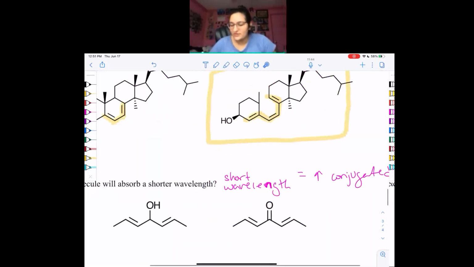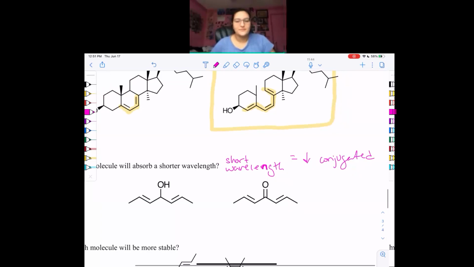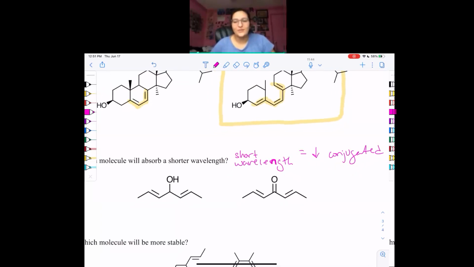No, I'm just a doofus. You guys said less, and I said less, but then I drew the wrong arrow. That's my bad. So shorter wavelength equals less conjugated. You're right. And you guys are also right. This one is isolated. And what about this one? Is it conjugated, accumulated, or isolated?